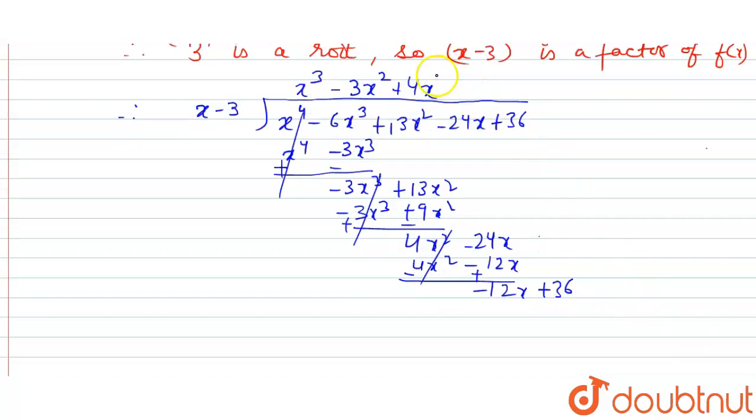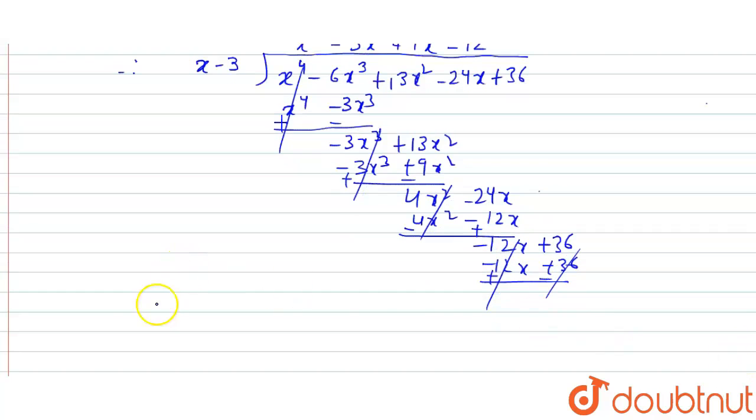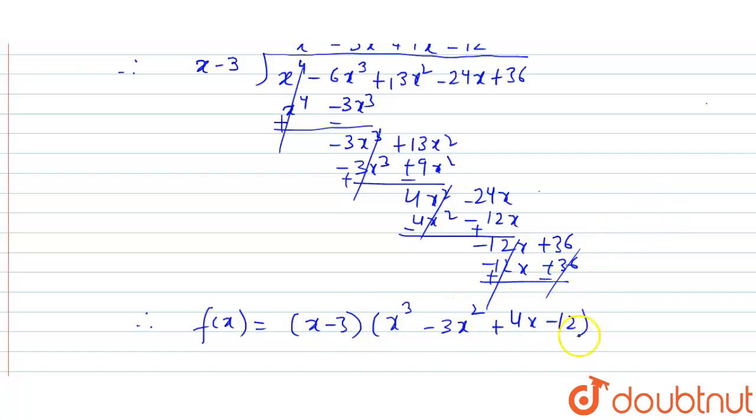Minus 12 times x gives minus 12x, plus 36, and plus minus cancels. So we have got another factor. We can say that f of x can also be written as x minus 3 times x cube minus 3x square plus 4x minus 12.